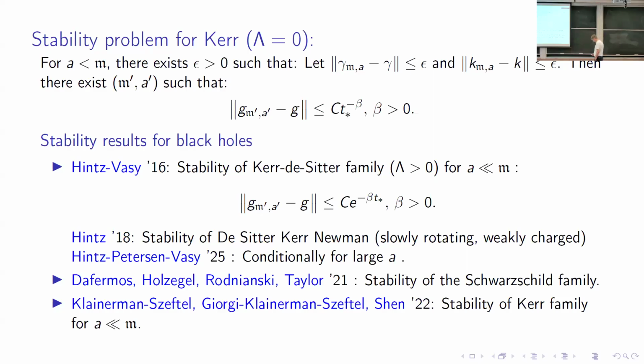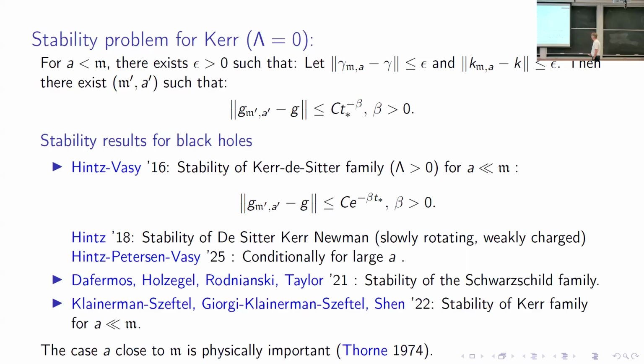One thing is that many of these results are restricted to small a, whereas the physically relevant case seems to be large a. And some of these works are a little bit long, so I can perhaps rethink about it a little bit.